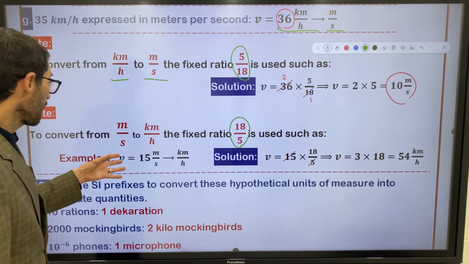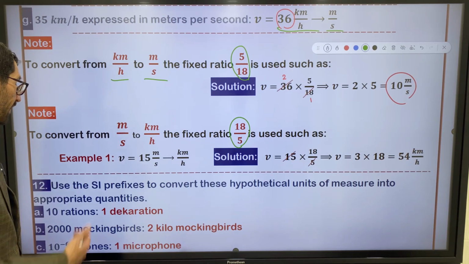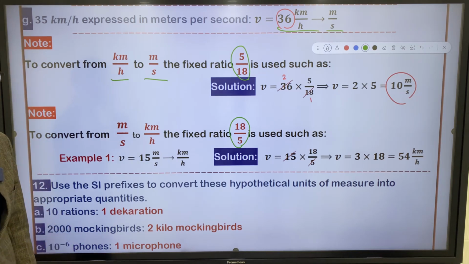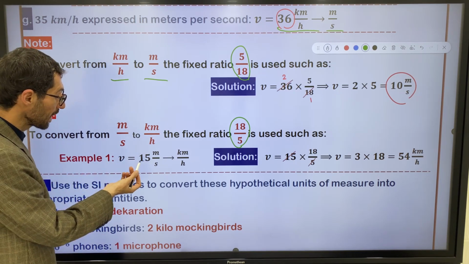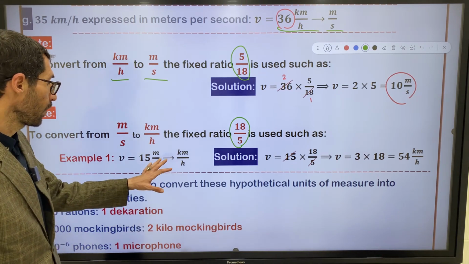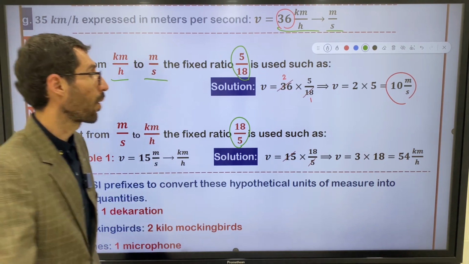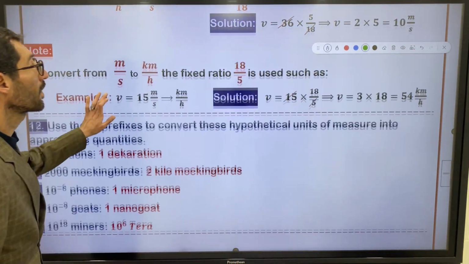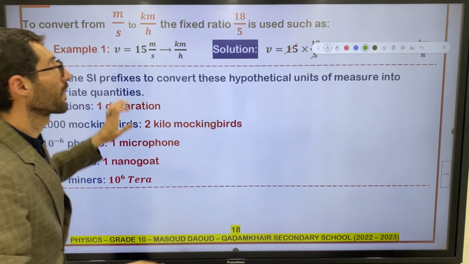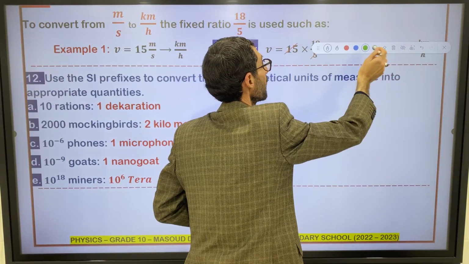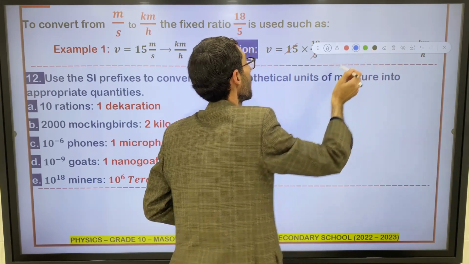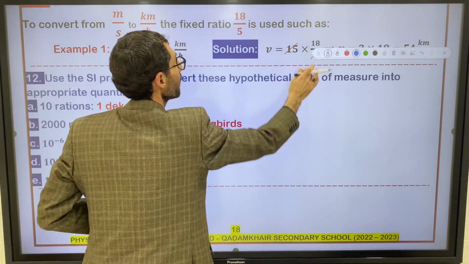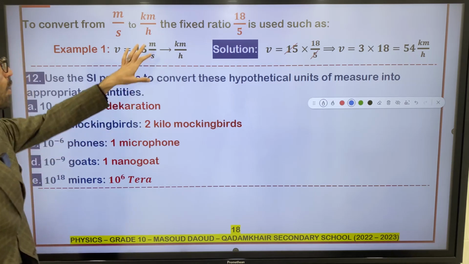So I brought a question for you. It's not in our textbook. It's my question for better understanding. 15 meter per second, we want to convert it to kilometers per hour, right? Let me solve it for you. Be with me to solve this problem together. Meter per second to kilometers per hour.